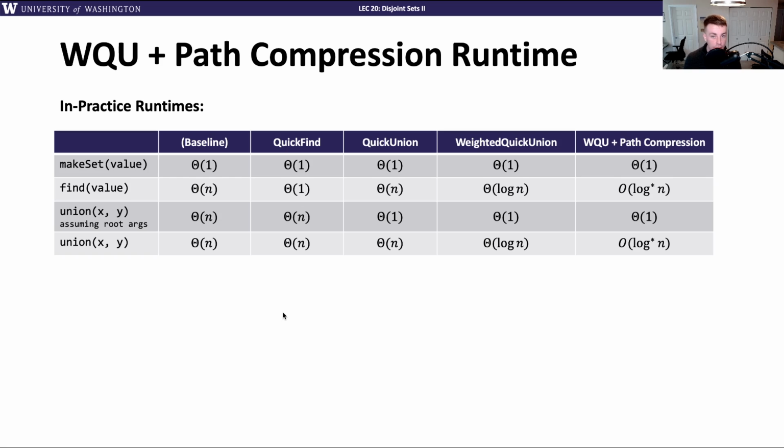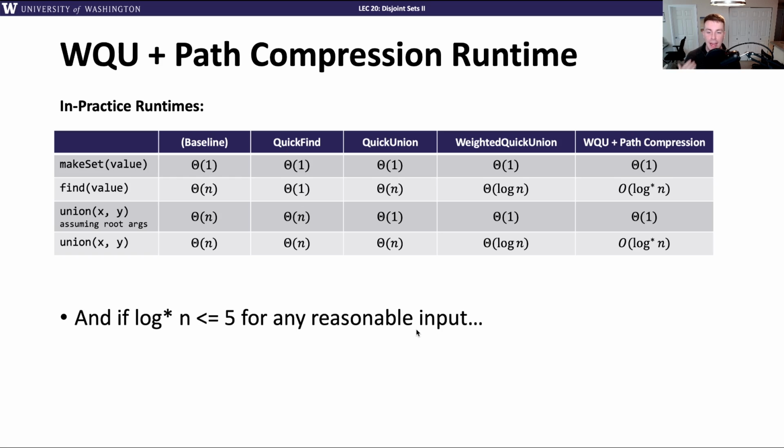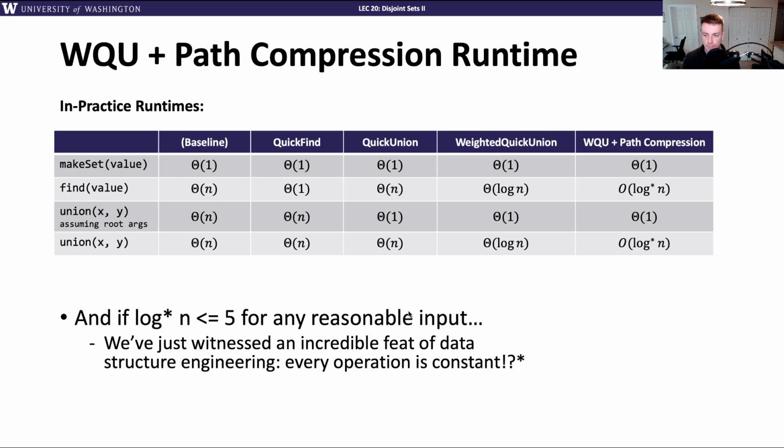The find, the union, the make set, all of those things, even though we have those log stars, are basically constant time, assuming n is some reasonable input size that would fit on a computer. This is such an incredible feat of data structure engineering. Every operation is basically constant.